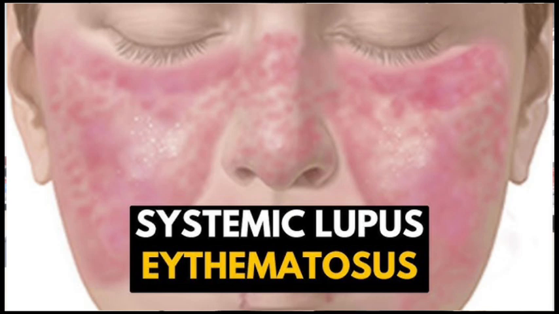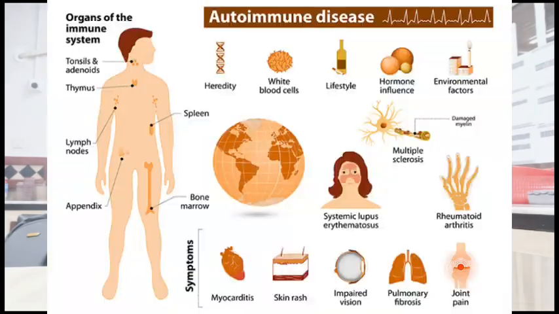It is also an autoimmune disease in which different organs are affected by autoantibodies, like skin, joints, kidney, lungs, and heart as well. If these organs and some other organs are affected by the body's own antibodies, then this disease is called systemic lupus erythematosus.